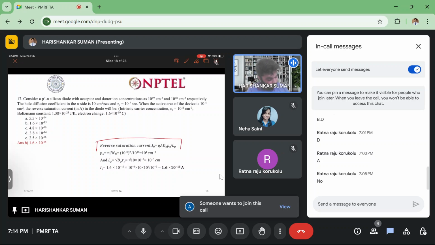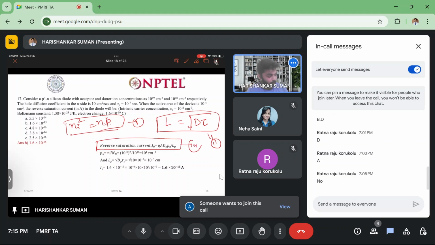So please remember this equation. For this equation, we also have the diffusion length. These are the three equations, and then you will get the saturation current.